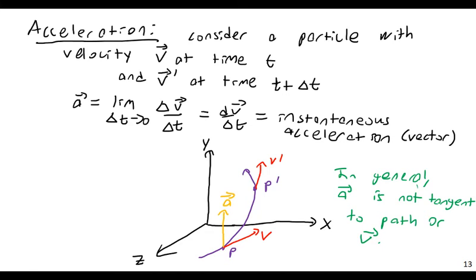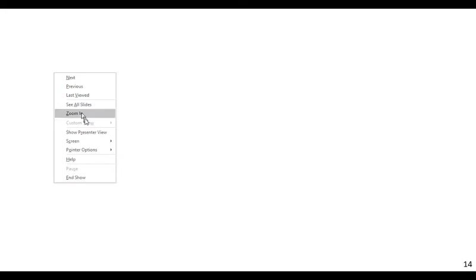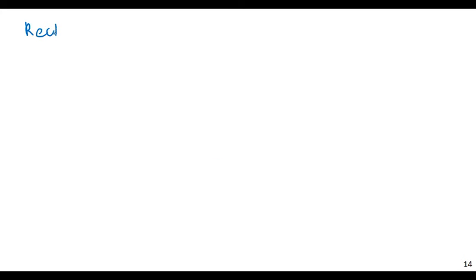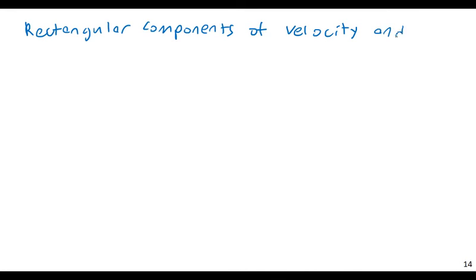All right, so let us look next at the components. Let us look at this in terms of components. I want to look at the curvilinear motion in terms of components. Okay, so rectangular components of velocity and acceleration. We'll be working a lot with rectangular components of velocity and acceleration.